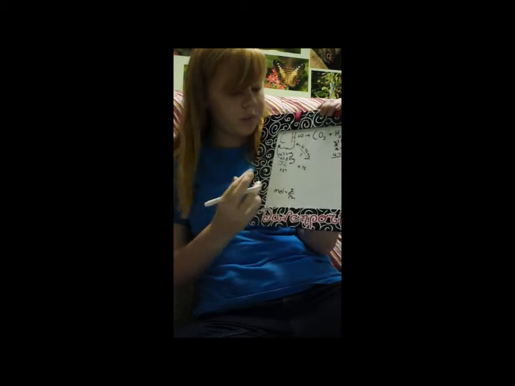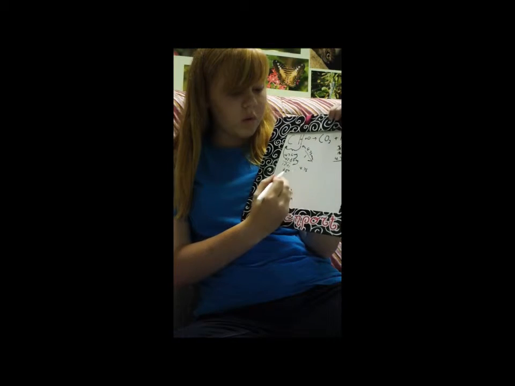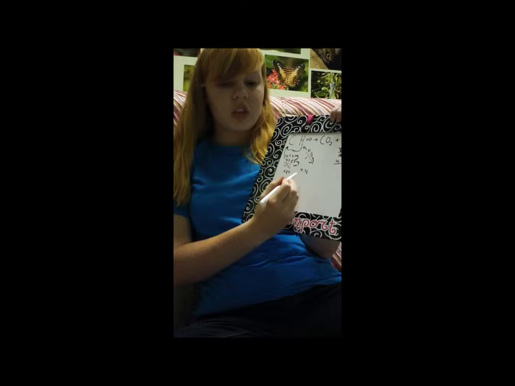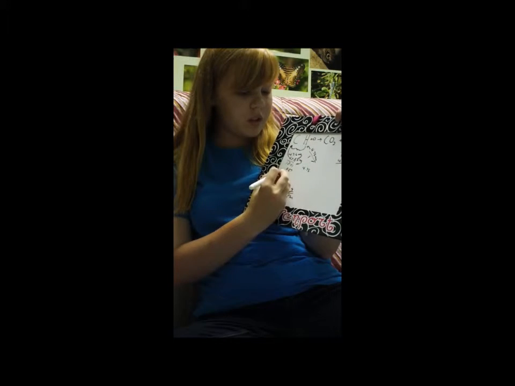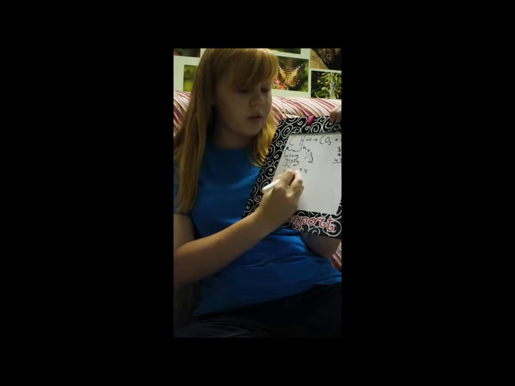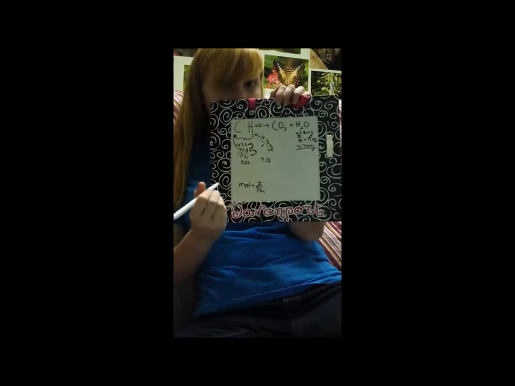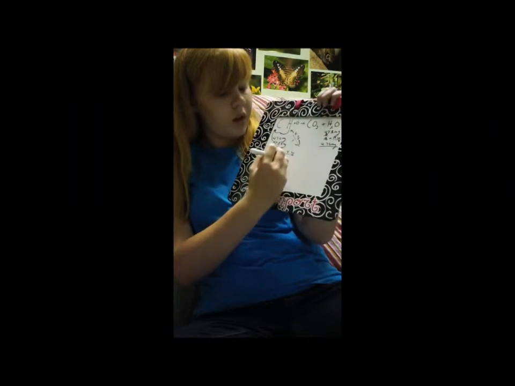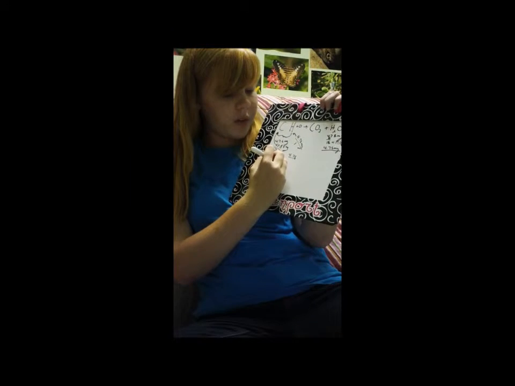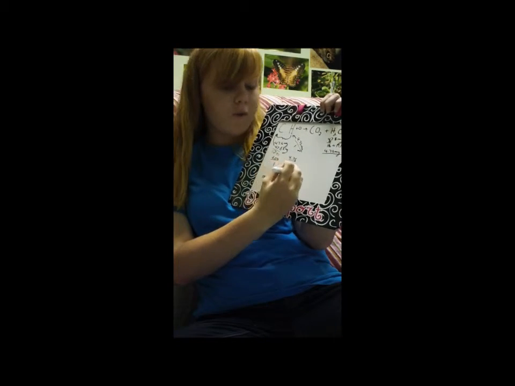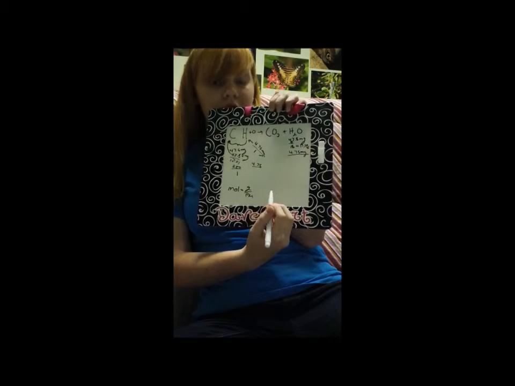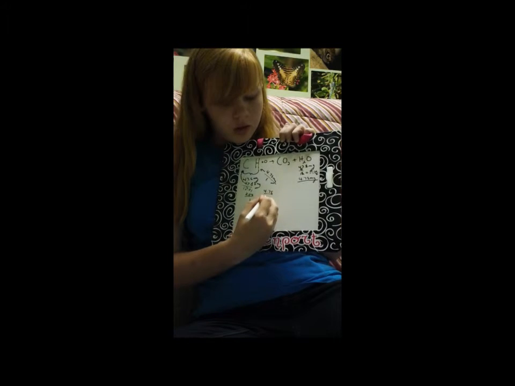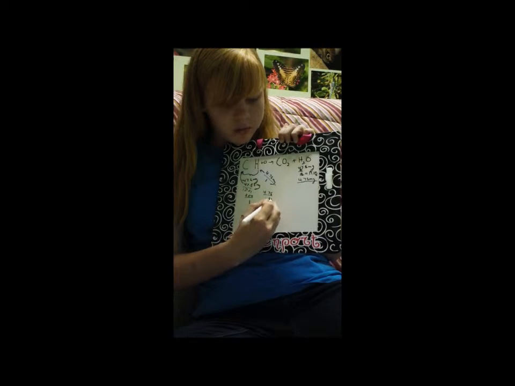3.57. Okay, so now we know that these two are the molar ratios, and we want to change these into whole-number ratios, so we're going to divide by the smaller number, which is 3.57. So we'll divide both of these numbers by 3.57. So 3.57 divided by 3.57 is 1. 4.75 divided by 3.57 is 1.33.